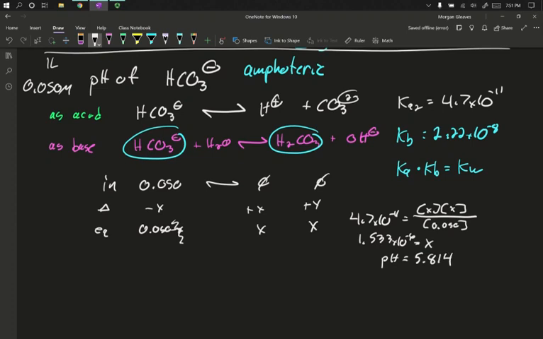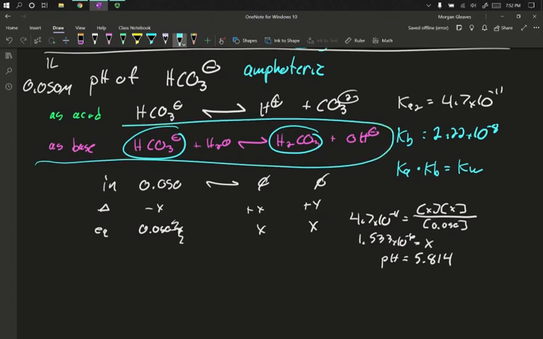Now that's if this is only acting as an acid, but I'll just tell you, if you actually throw sodium bicarbonate into water, so baking soda, put some in water, it's basic. 5.8 is acidic. It's lower than 7, but the reality is it should be higher than 7. We do have to consider the fact that it's also acting as a base.